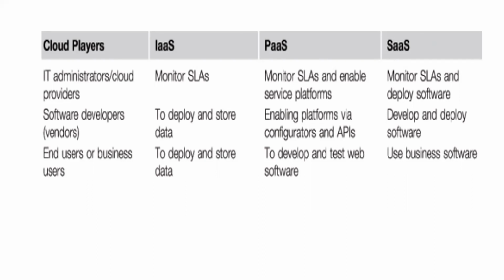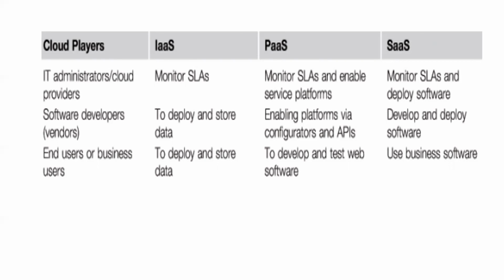Depending on the types of services they are using, their role is different. And the cloud player is the software developer. The software developer deploys and stores the data in infrastructure as a service. The same software developer, in platform as a service, enables platforms via configurators and APIs.